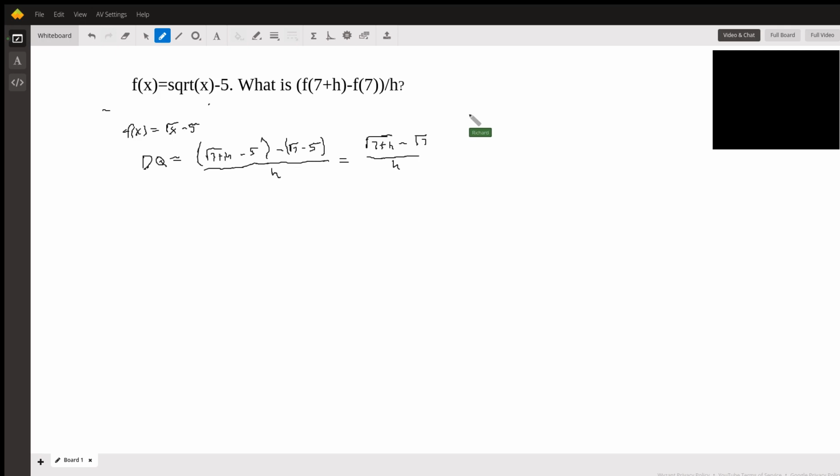Now we want to simplify this further, and for that we're going to use conjugates. So we'll multiply this by the conjugate, square root 7 plus h plus root 7, over square root 7 plus h plus root 7.